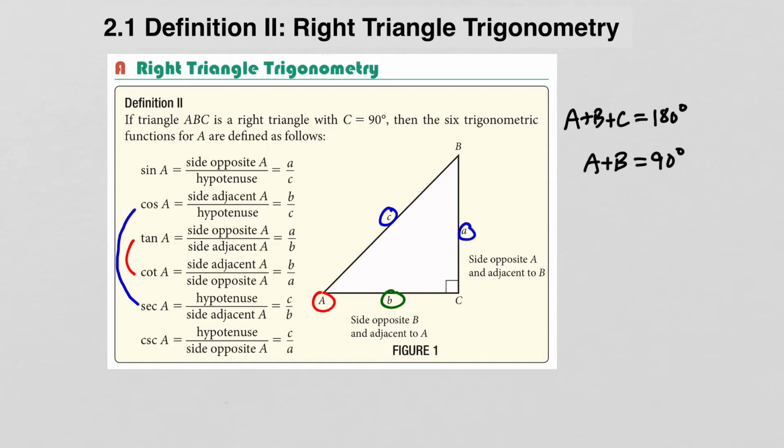Cosine of angle A is B divided by C, and secant of angle A is C divided by B. And finally, sine and cosecant are reciprocals. The sine of angle A is A divided by C, and the cosecant of angle A is C divided by A.